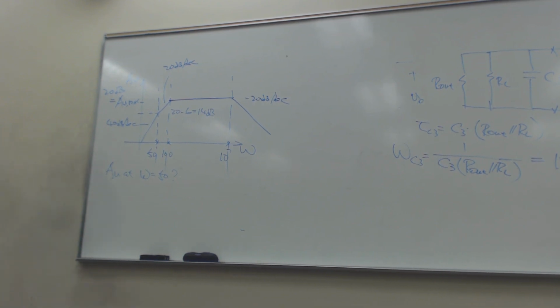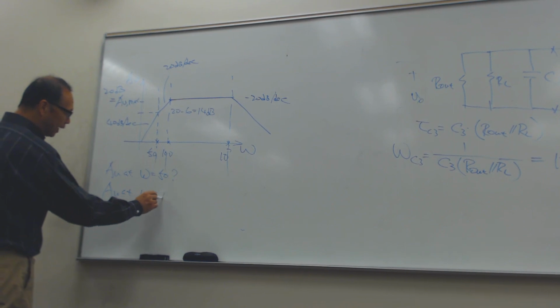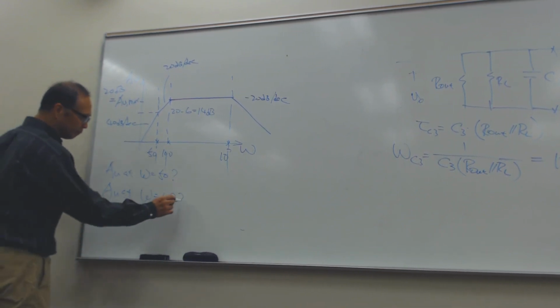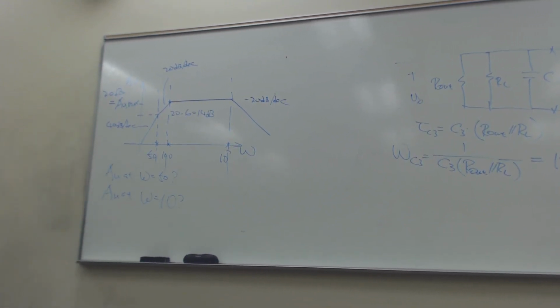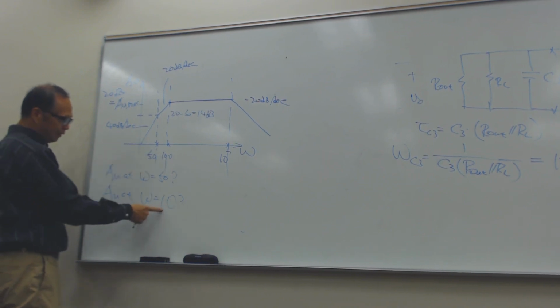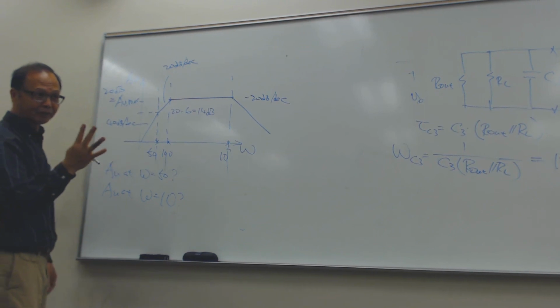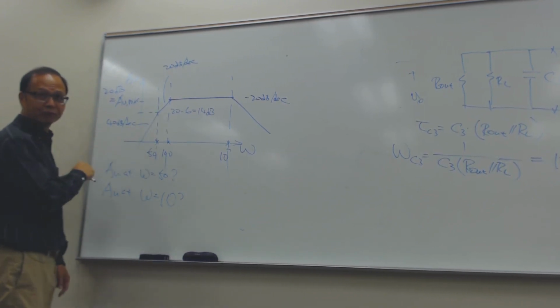Now, if I want to find out what is A sub B at omega equal to 10? Oh, you say 10, that's easy, right? You drop by a decade, correct? You cannot do that because there are two different slopes.